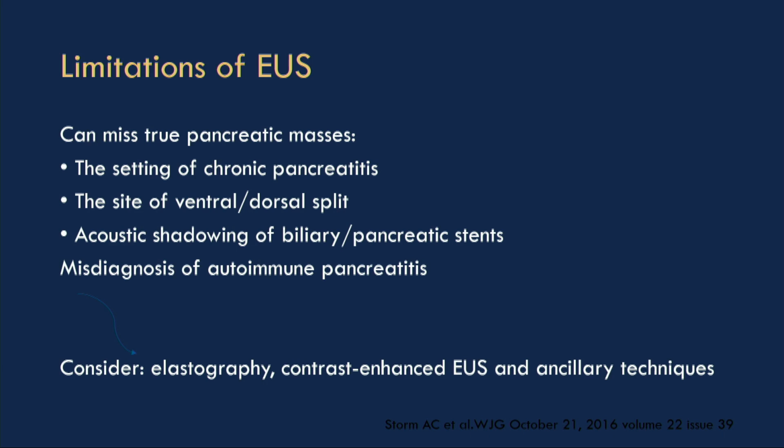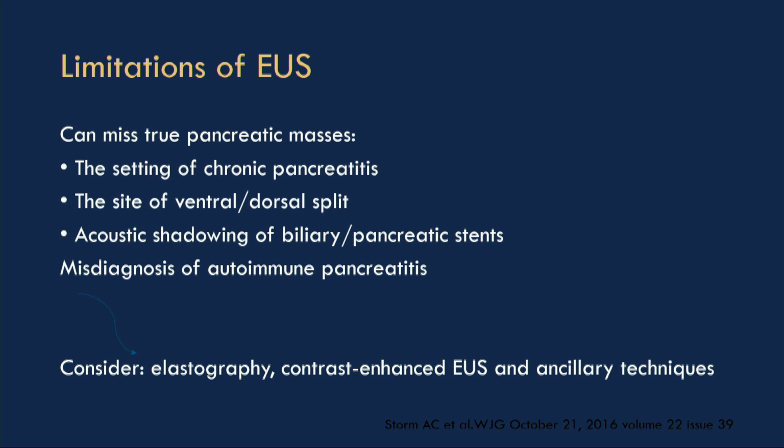There's also some discussion when you have a different echogenicity between the ventral and the dorsal part of the pancreas, and the presence of stents can also be annoying due to the acoustic shadowing. And autoimmune pancreatitis can sometimes be a difficult differential diagnosis to make.